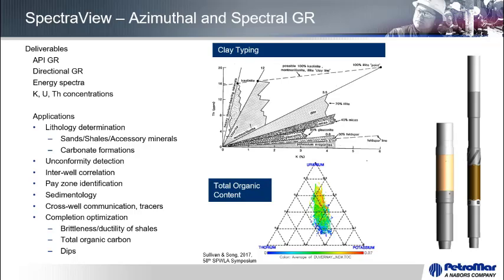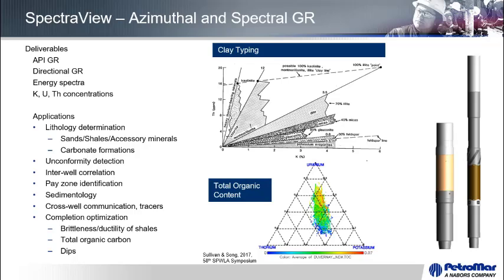Of course, the applications are very well known. This is not a new tool. This is not new technology. So the lithology determinations like sand, shales, accessory minerals, or carbonate formations to distinguish limestones and dolomites and so on.